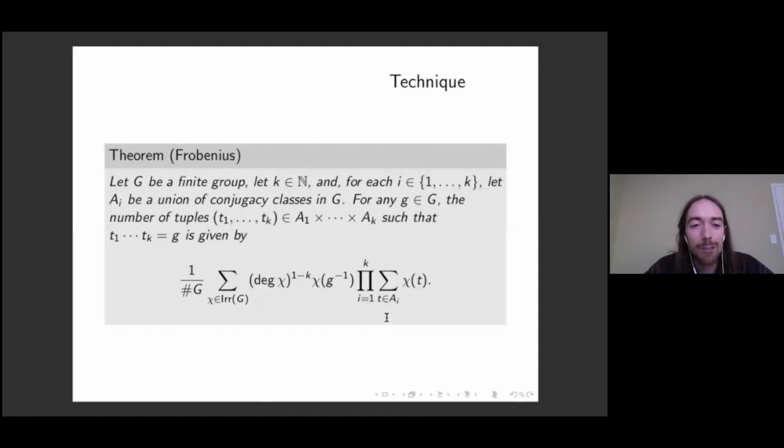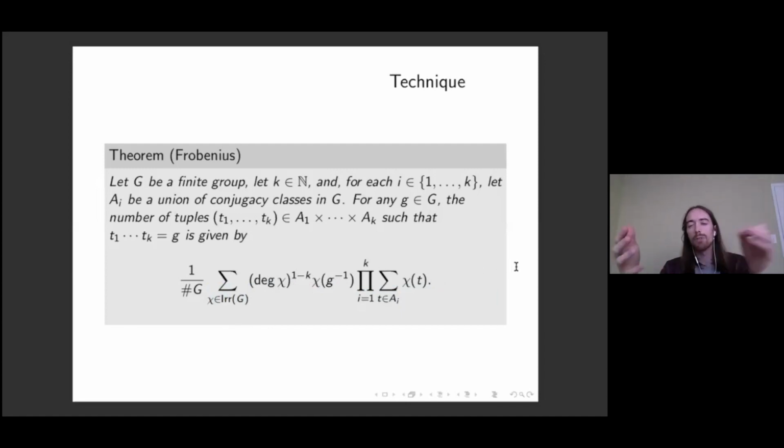So if you have a finite group G, and you specify some unions of conjugacy classes, A_1 through A_k, and some element, little g, you can count the factorizations of g into products of elements such that each factor comes from one of the specified conjugacy class unions using the character theory of G. So if you know the irreducible characters of G, then you can take the sum over their degrees to some powers of some character values.